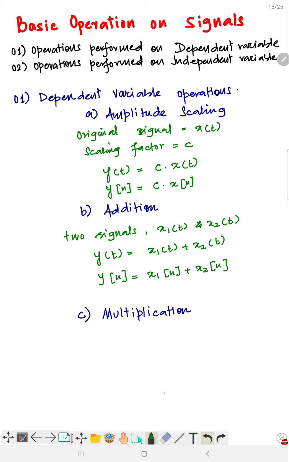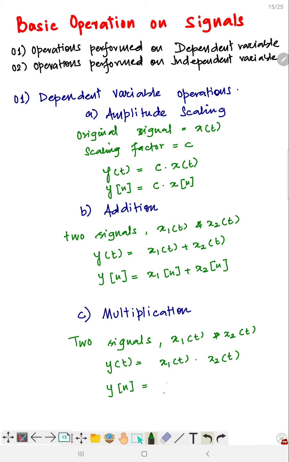Then we have multiplication. Again, if I have two signals, again say x1 of t and x2 of t, then we define a new signal y of t as the product of their amplitudes, x1 of t times x2 of t, and in the discrete time domain it will be x1 of n dot x2 of n.